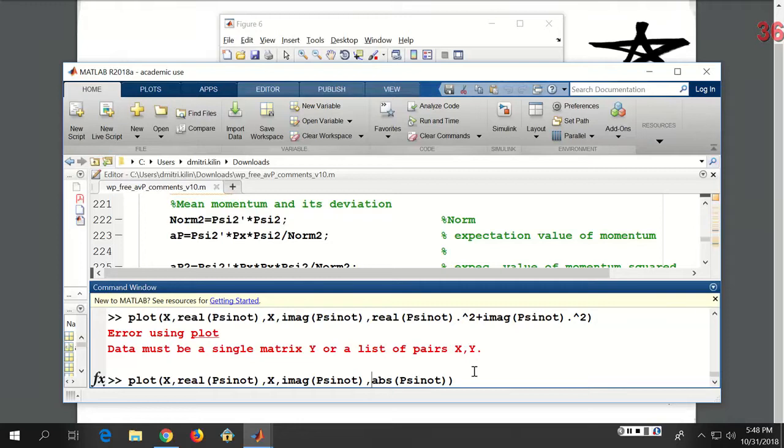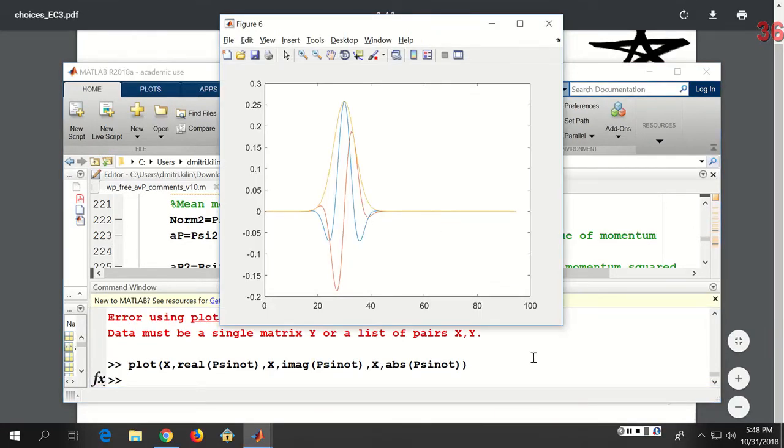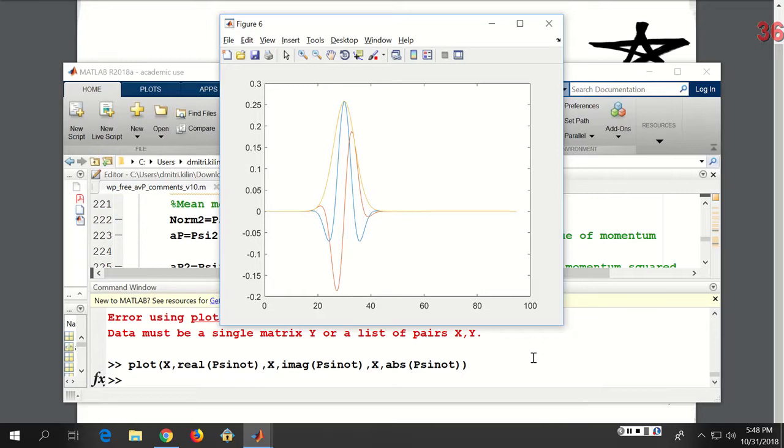I just forgot to put the independent variable. So if we plot the absolute value, which means real square plus imaginary square and square root of them, the distance from the origin to both of these components, then it will be a smooth Gaussian.